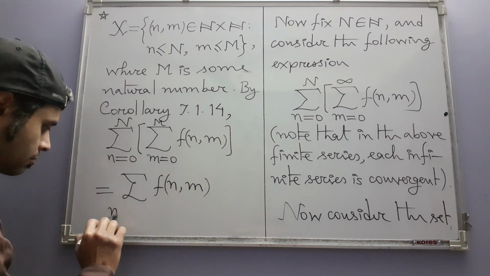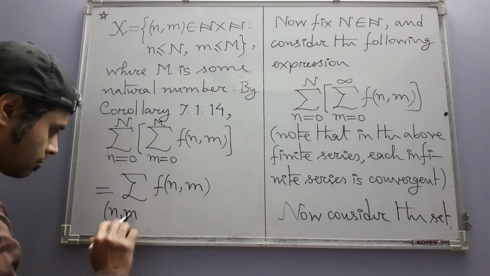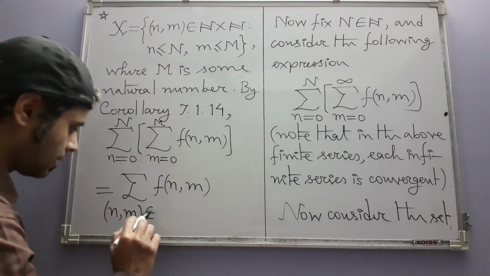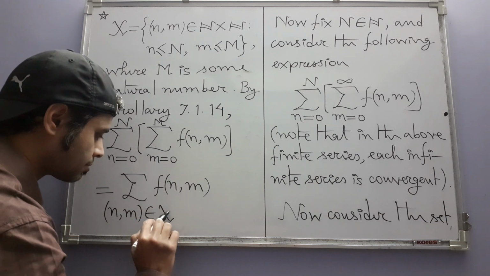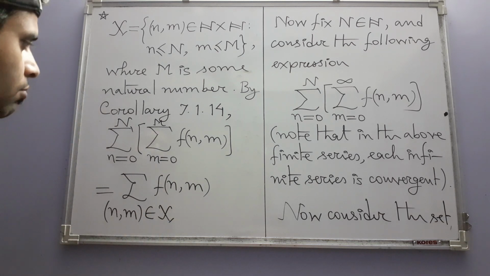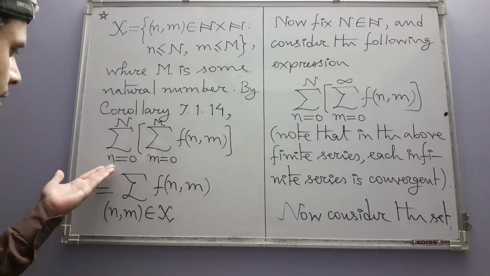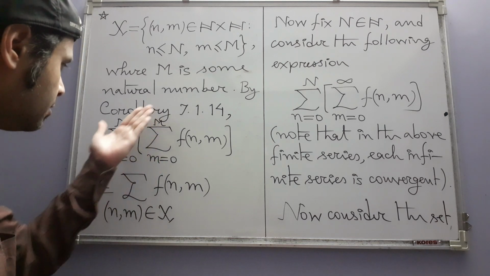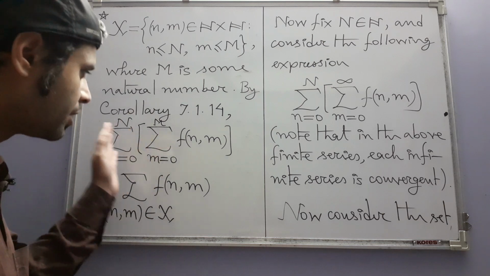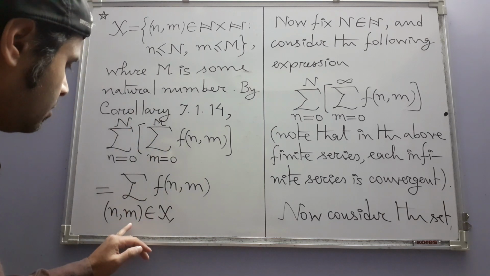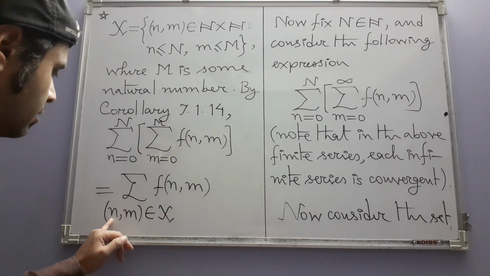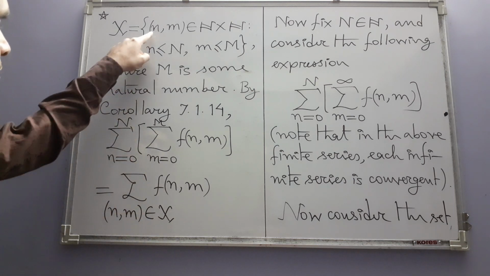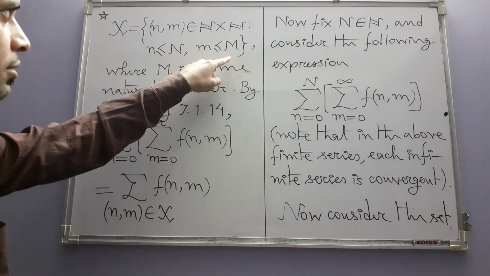where this belongs to X. I mean, this varies over X. Why? Because you can see that as you vary small n and small m independently of each other, you are simply varying the ordered pair (n, m) over this set.